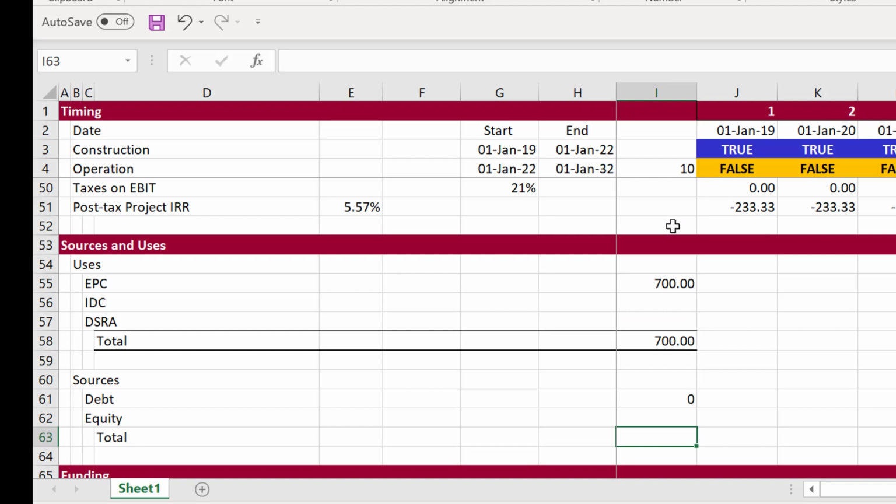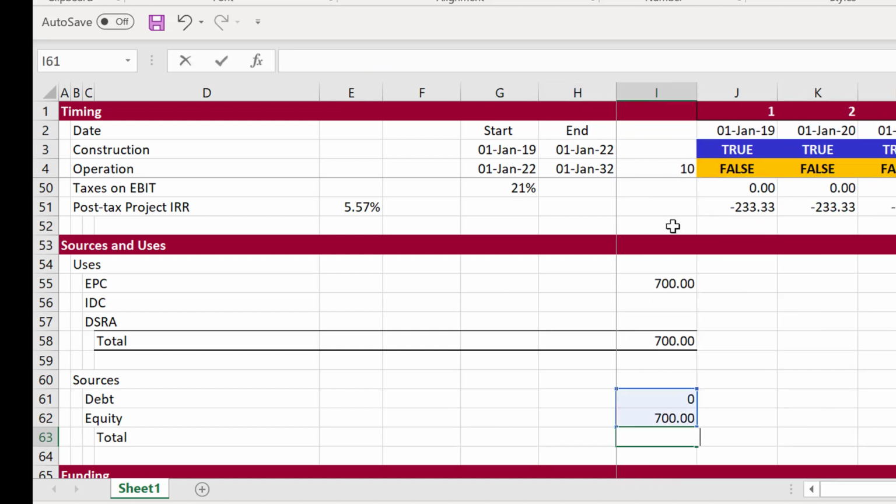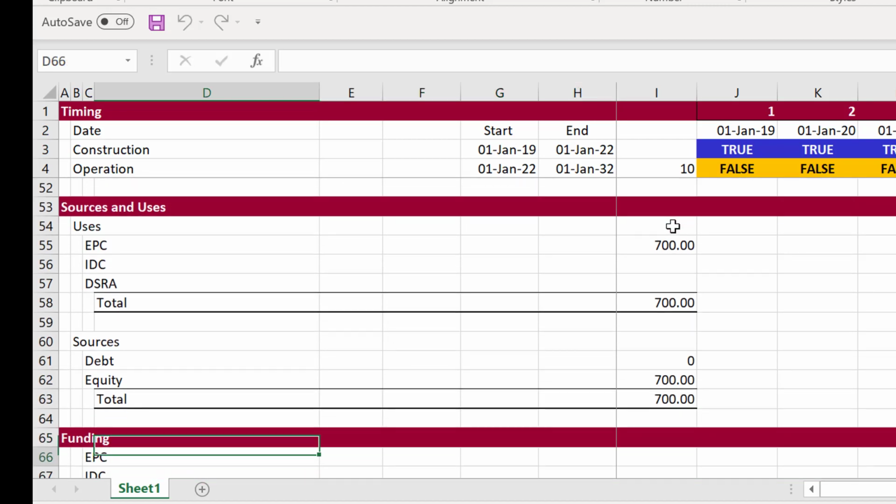Okay, and then we have the difference. Do, for me, means whatever. Alt equal, okay? Oops, I must have hit something bad. Okay, and we have our sources and uses with no debt so far.